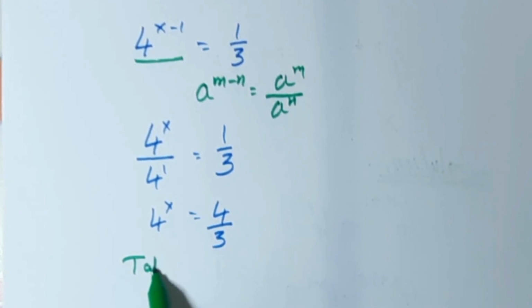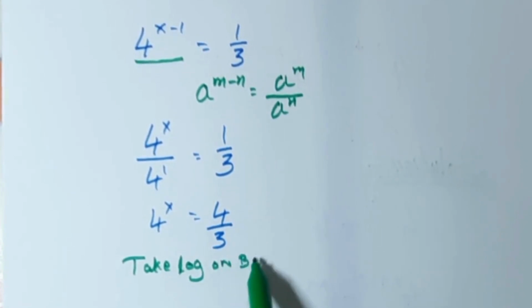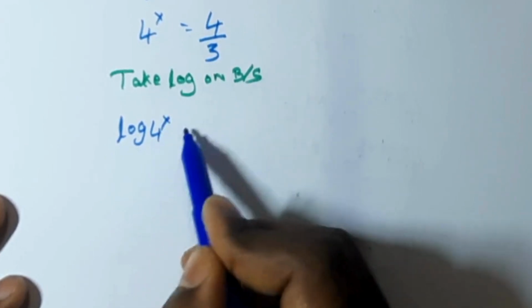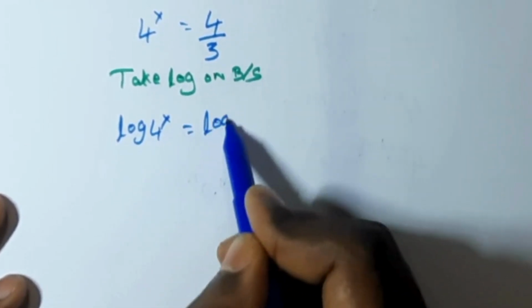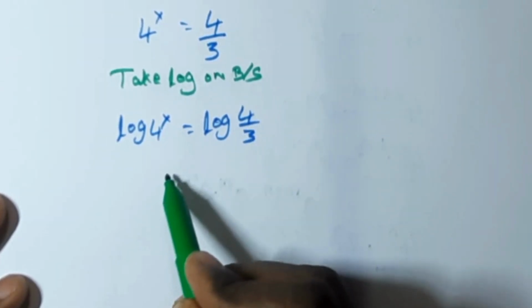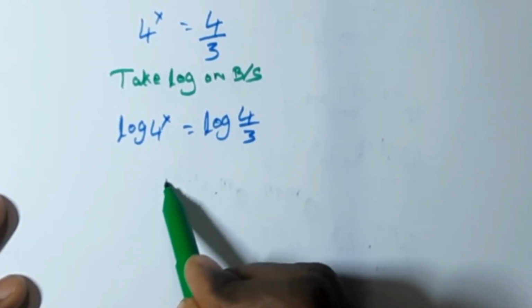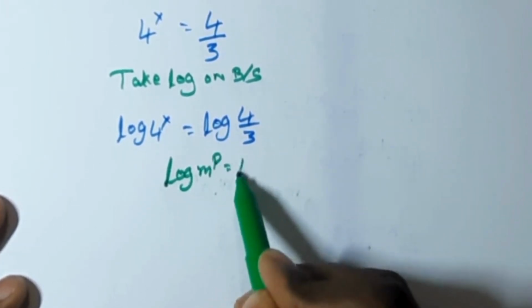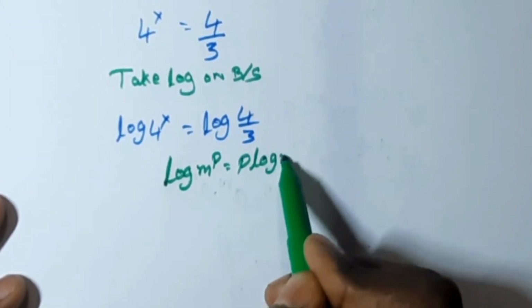Take a log on both sides. Log 4 power x equal to log 4 by 3. We are going to apply the power log formula here. Log m power p equal to p log m.